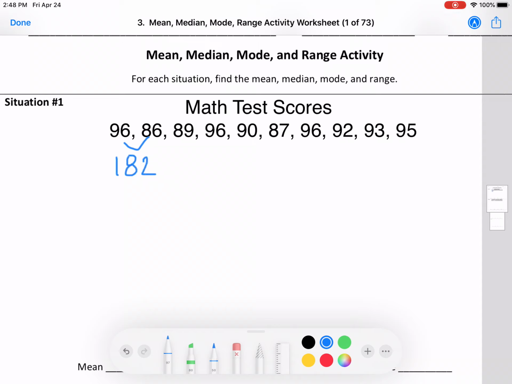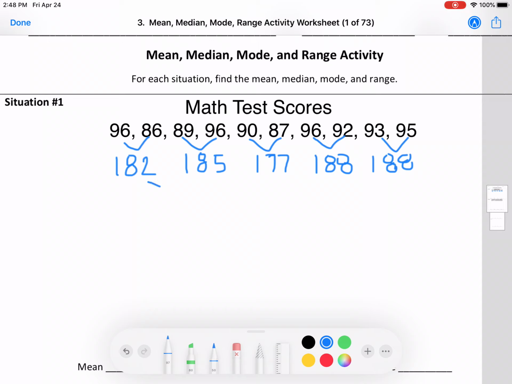Then we're going to do 89 plus 96, which gives us 185. 90 plus 87 gives us 177. 96 plus 92 gives us 188. And then 93 plus 95 gives us 188.